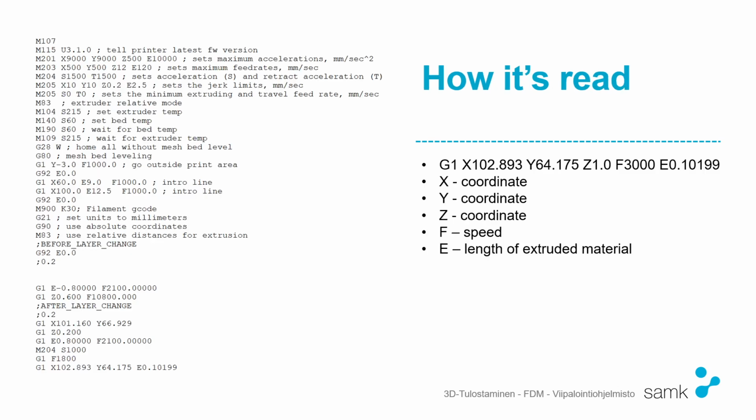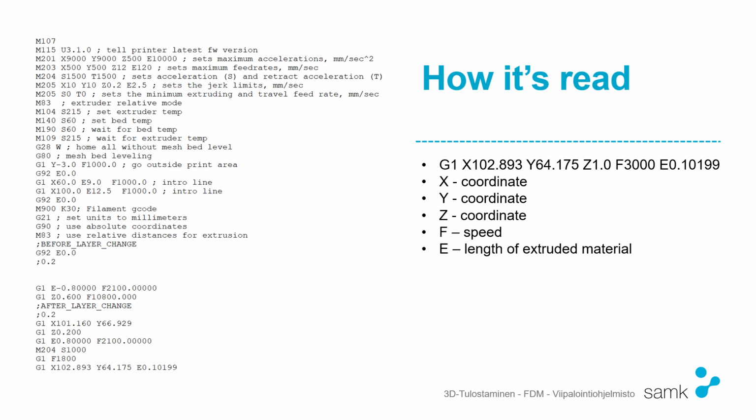So, how is it read? Here's a simple starting GCode for one print that was done. And you can see that there's like 20 to 30 lines, well, at least 20 lines before the print even starts. It uses these basic settings that it sets to the printer before it even starts the print.